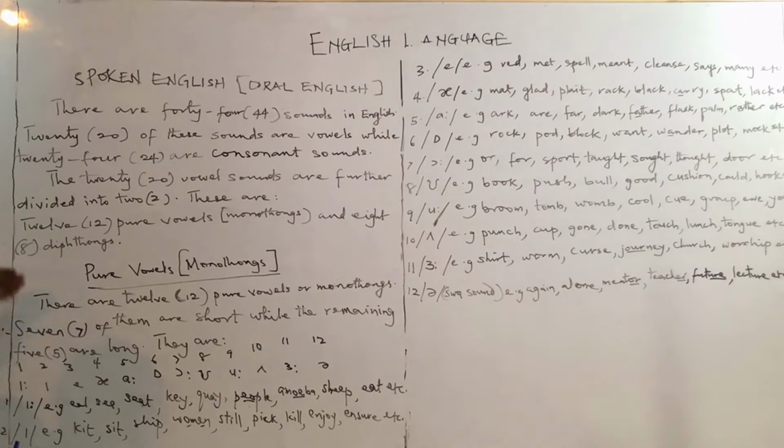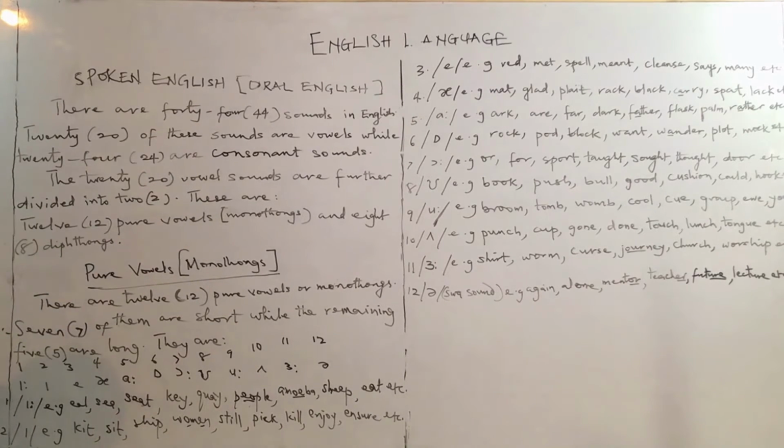We have the monothongs, or what we call pure vowels, and that contains 12 sounds. The other 8 for the vowel sounds is what we refer to as diphthongs, just 8 of them.